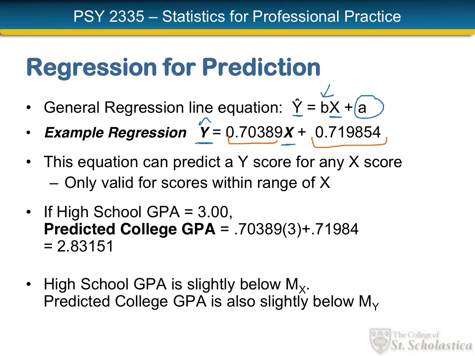In general, we can only use these predictions within the range of the x-scores that we used to compute the regression line. So for instance, it would not be a valid use of this equation to predict the college GPA for somebody whose high school GPA was 1.0, because we did not have any data in that range.